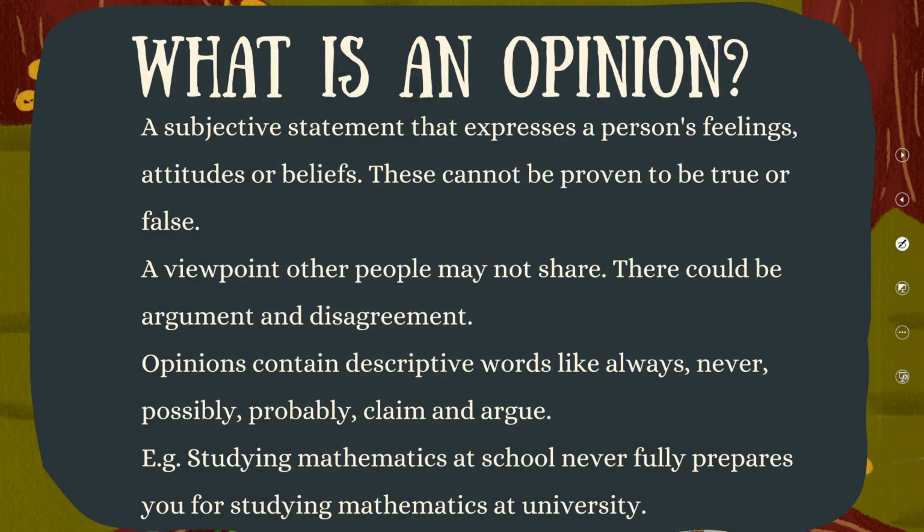An opinion is a subjective statement that expresses a person's feelings, attitudes, or beliefs. These cannot be proven to be true or false. So we learned that opinions cannot be true or false. It is a viewpoint other people may not share.